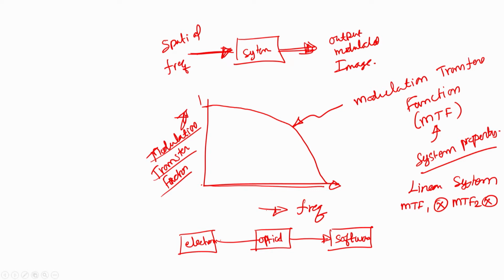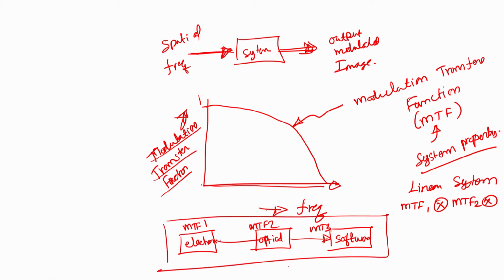Each one may have an MTF: MTF 1, MTF 2, MTF 3. So, the system MTF can be determined as the convolution of MTF 1, MTF 2, and MTF 3. This is the system MTF.